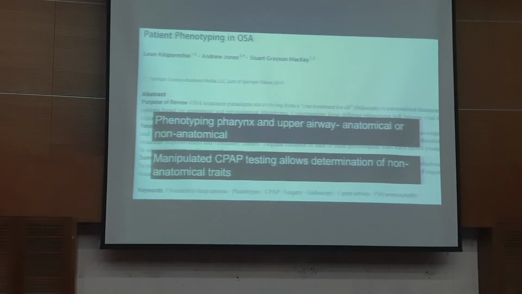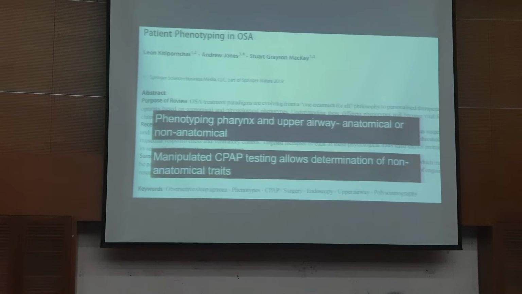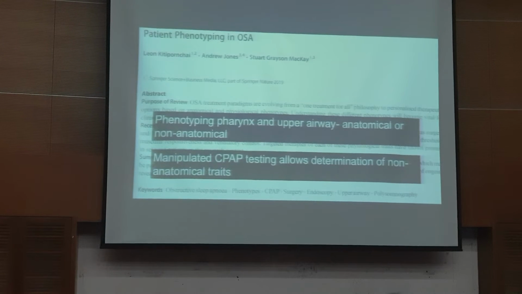There is something that you have to do: manipulate the CPAP testing to get some parameters, to identify non-anatomical traits. This may be the reason why some patients cannot tolerate CPAP, because their problem is not a collapsible airway, but is due to non-anatomical traits.